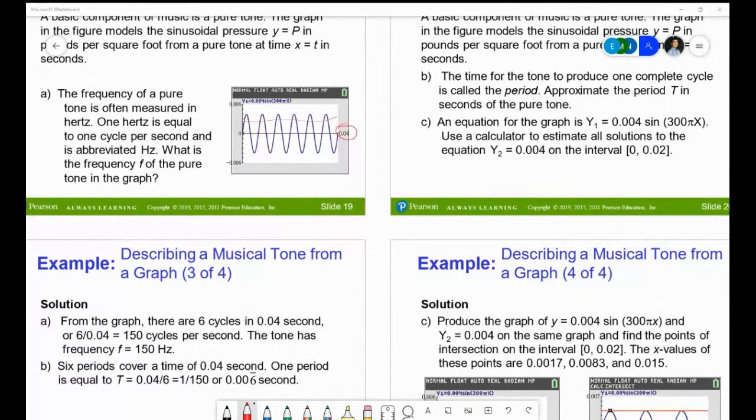Yeah, I wonder if I can actually find intersections on here. I haven't used this yet. So, okay, let's try it.